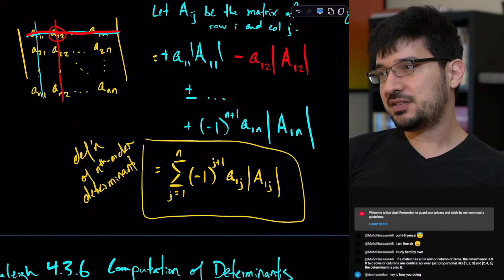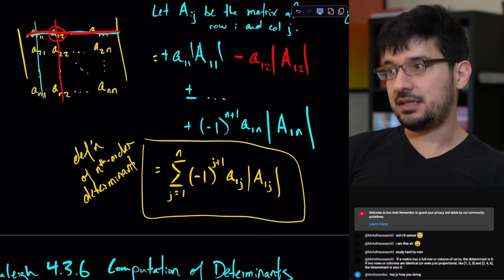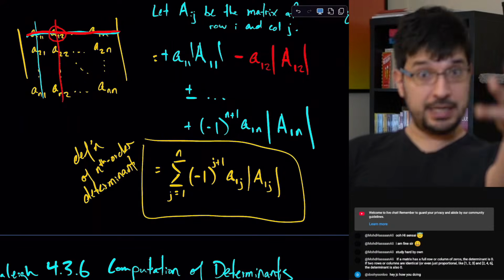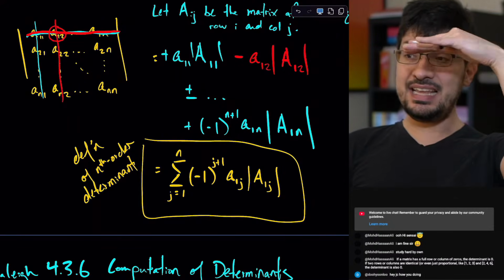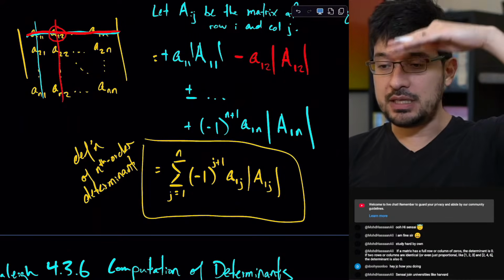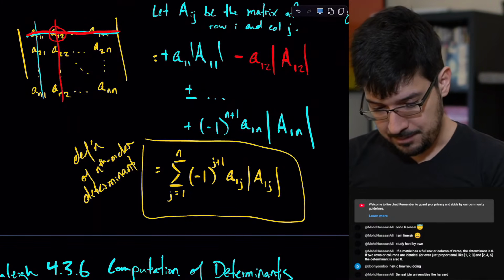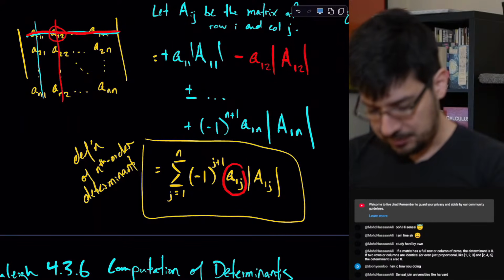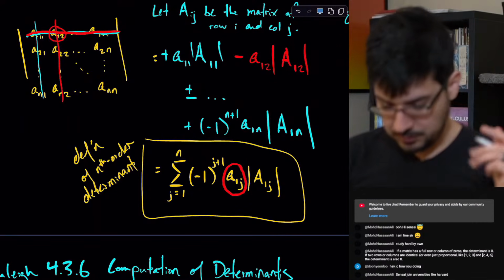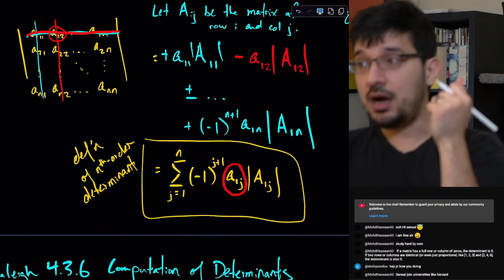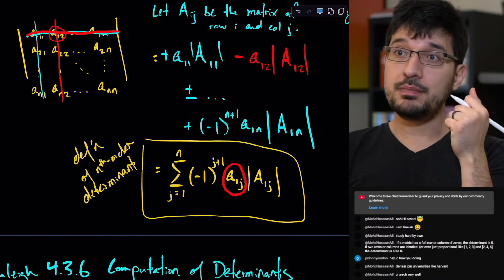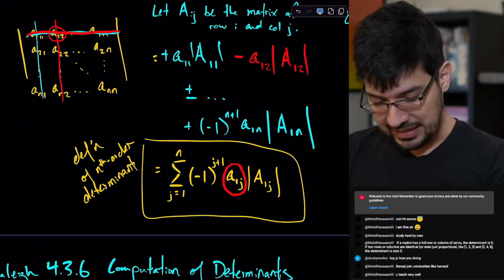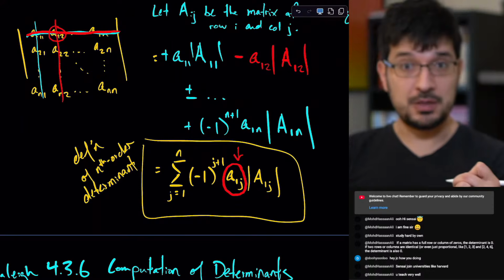So if a matrix has a full row or column of zeros, the determinant is 0. Totally, that's absolutely true. And we can prove that right now, because this is the definition of the determinant. Well, almost. From this definition, if the first row is all zeros, then each of these would be 0, right?